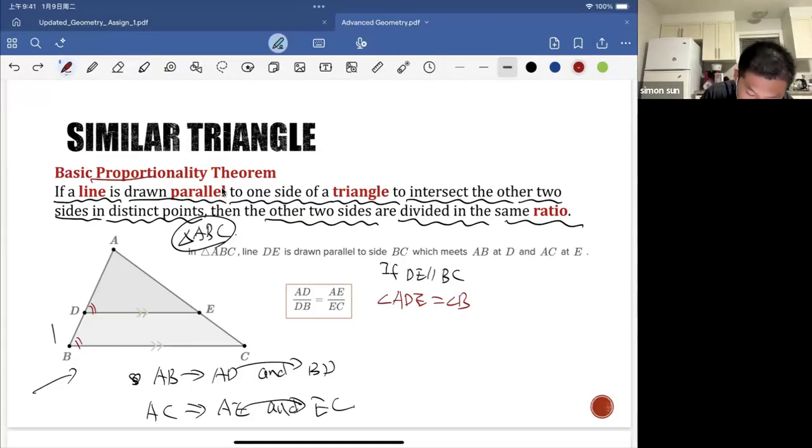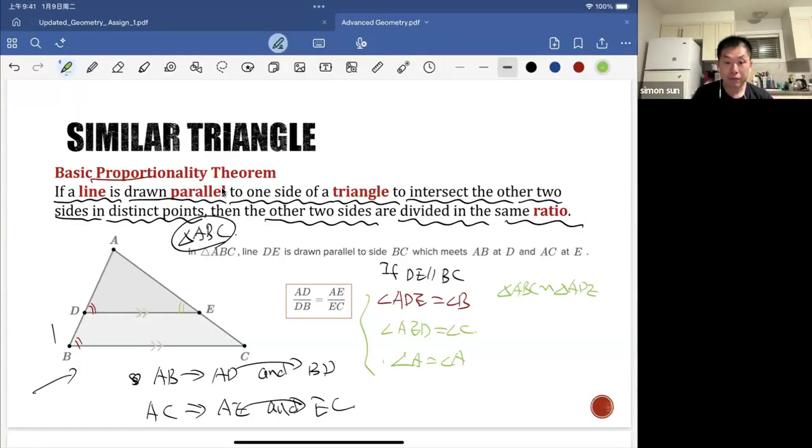And we also have the other two. The angle AED is equal to angle C, and they also share the common angle A. So all three angles are the same. Triangle ABC will be similar to triangle ADE: the large, big triangle is similar to the small top triangle ADE.